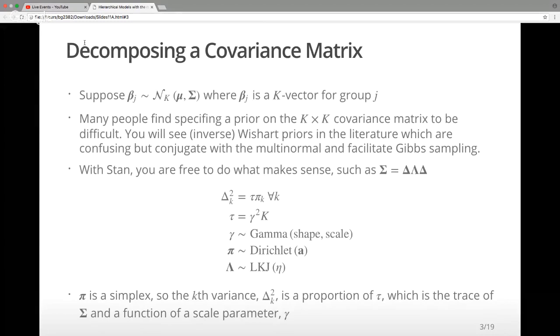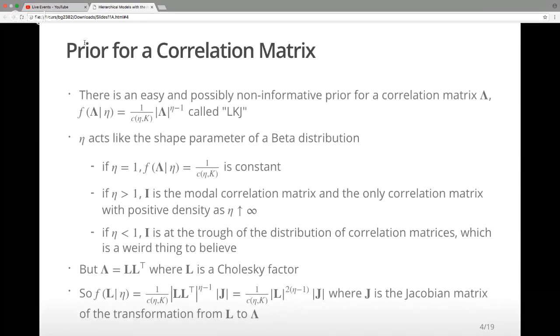Okay. So that remains to specify a prior on a correlation matrix. And there is an easy, not that well known outside of the Stan community, but possibly non-informative or uniform prior on a correlation matrix that has a PDF that can be written conditional on a shape parameter eta.